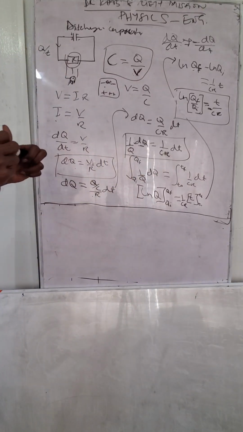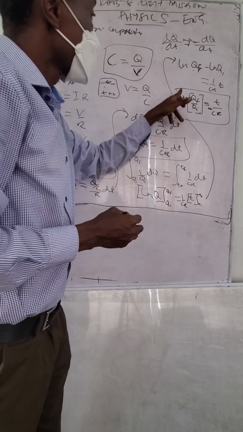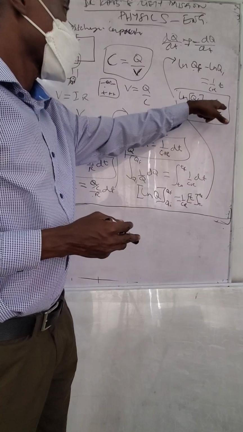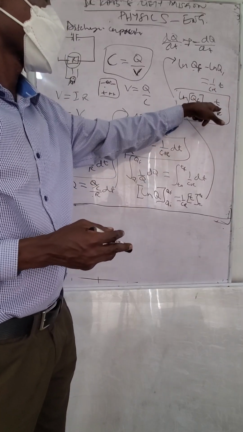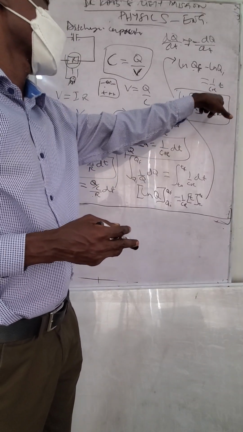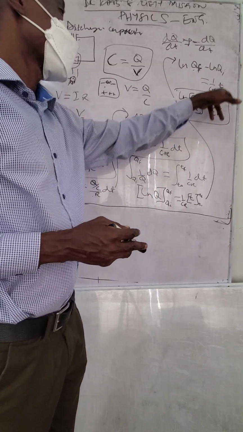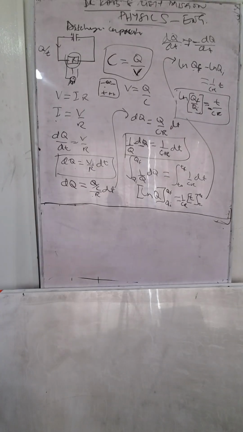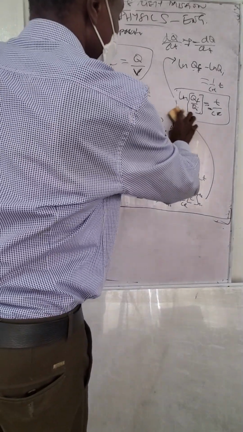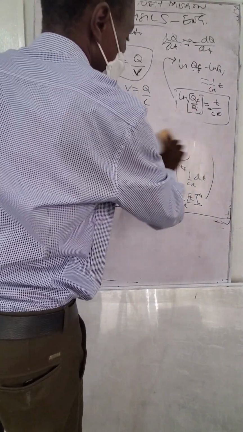Now we can take the anti-natural log of this side and then we get the equation.